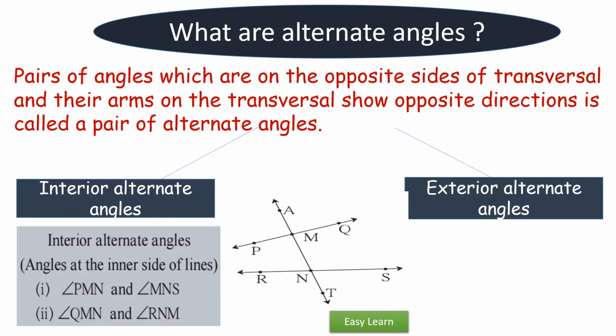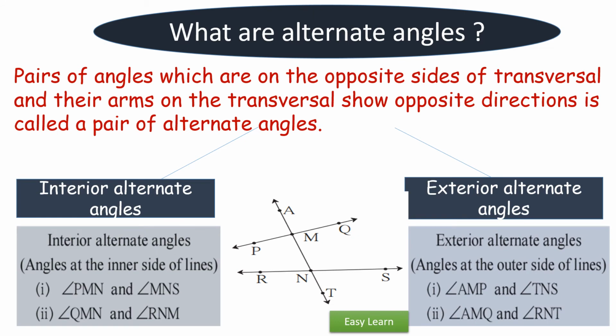Interior alternate angles are the angles on the inner side of the lines, that is angle PMN and angle MNS, and angle QMN and angle RNM. Exterior alternate angles are the angles on the outer side of the lines, that is angle AMP, angle TNS, angle AMQ and angle RNT.